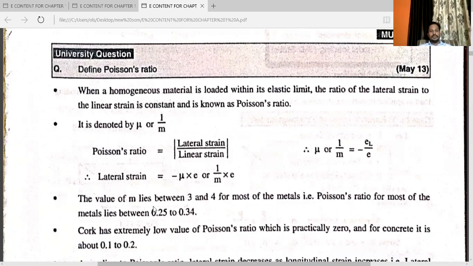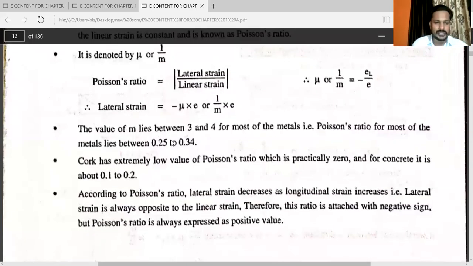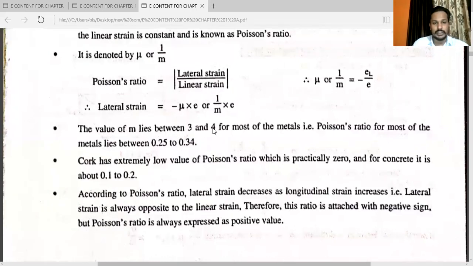See, a few important points related to Poisson's ratio. The value of m lies between 3 and 4 for most metals, which means Poisson's ratio for most metals lies between 0.25 and 0.34.